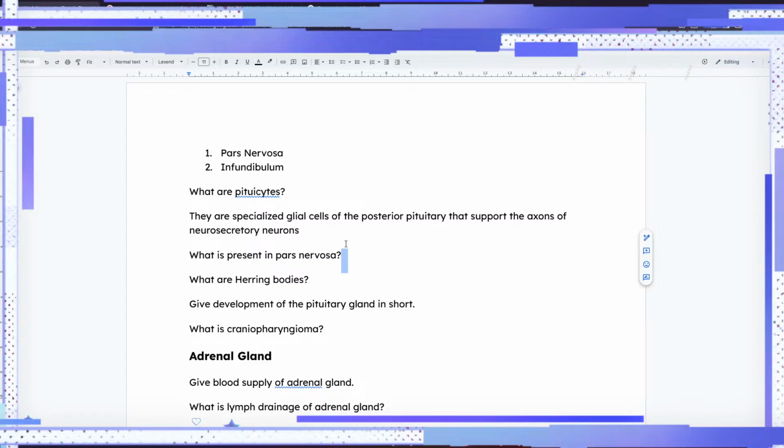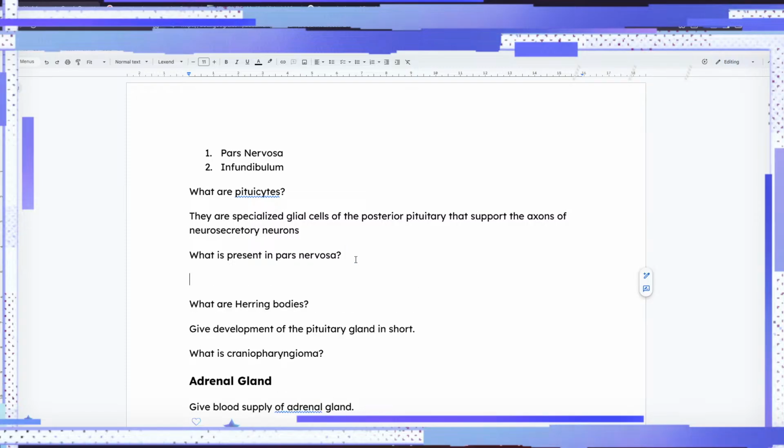What is present in the pars nervosa? You have Herring bodies.